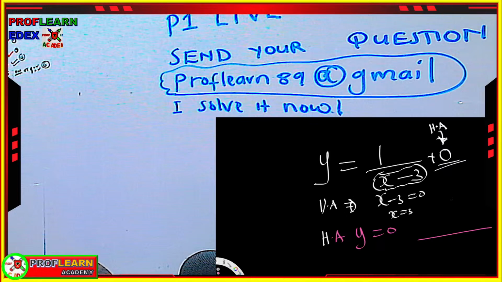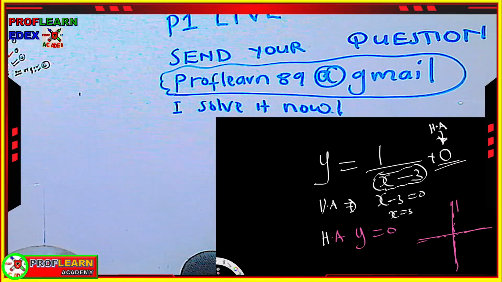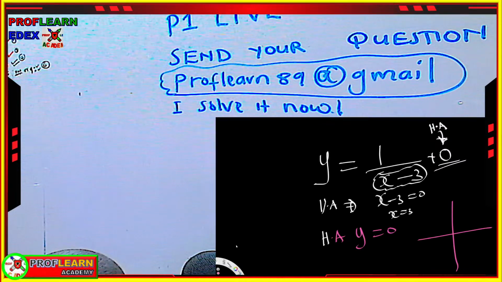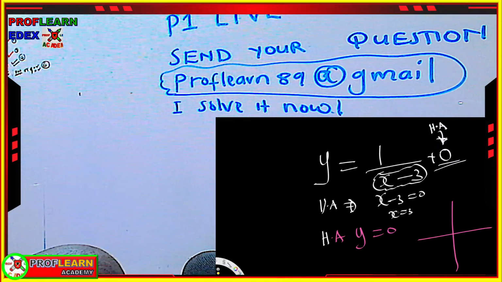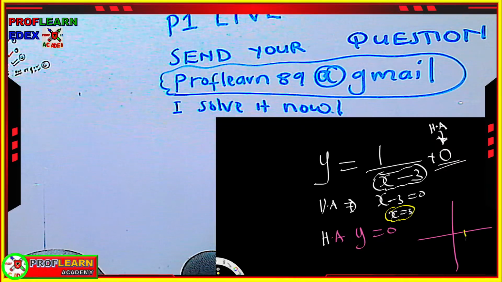Then to sketch that graph, we have the asymptote here and another asymptote, then the graph. For the vertical asymptote, x equals 3, we'll have a 3 here.